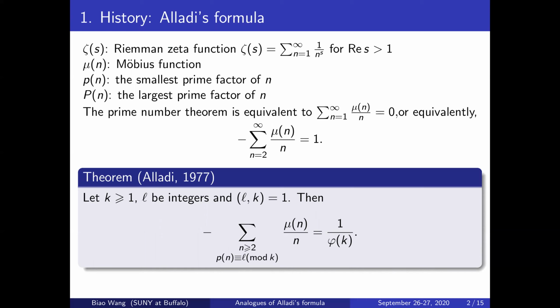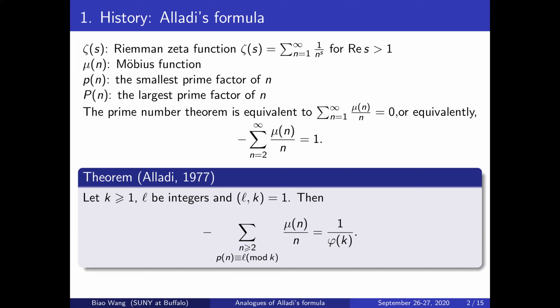Here, phi is the Euler totient function, and this sum is restricted over integers whose smallest prime factors p of n are in the arithmetic progression l modulo k. So this formula is like the prime number theorem in arithmetic progressions.